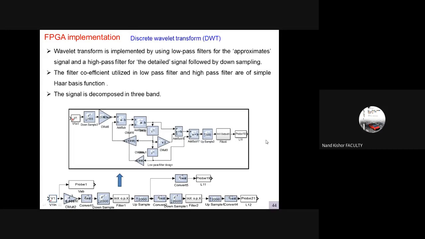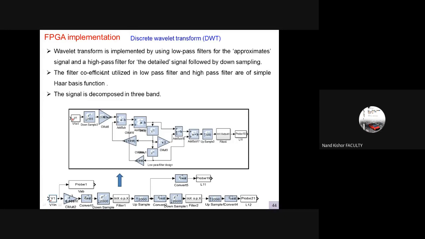Now, in our study, we also had some comparison with other signal processing techniques. In the first session in the morning, we discussed the approach using the wavelet transform. So for comparison, we have also implemented the discrete wavelet transform in FPGA, and this is what is illustrated here.